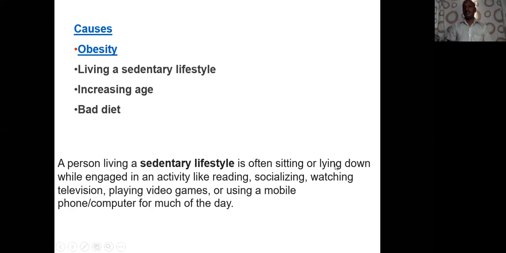When there is no physical activity, sitting idle and without any physical activity, no socializing, watching television or movies, playing video games, or using a mobile phone or computer for much of the day, this comes under the sedentary lifestyle, and this can cause diabetes mellitus.